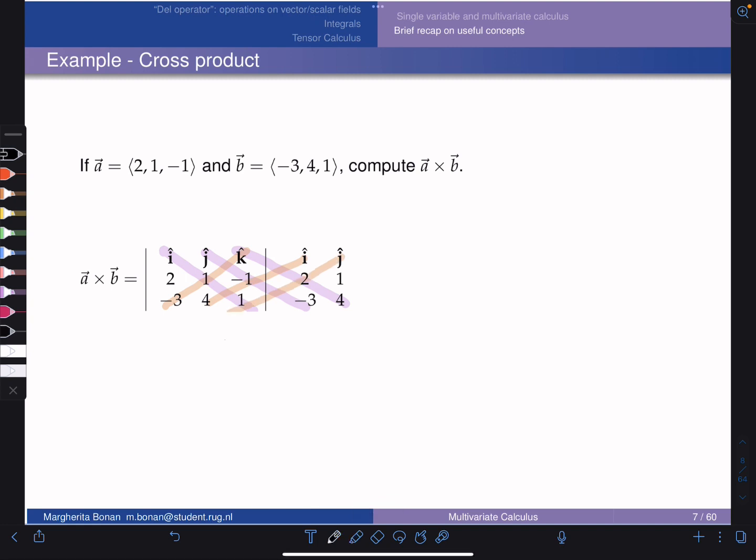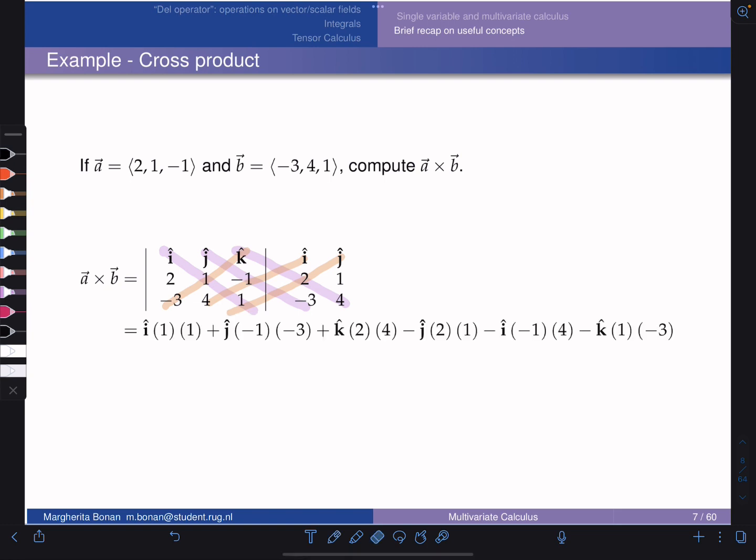We see then that we can take the diagonals that go towards the right with plus and diagonals that go towards the left with minus. By this, I mean that we multiply each term of the diagonal, and if it's one of the purple ones, we put it as a plus, so this and this. And if it's one of the orange ones, we put it with a minus.